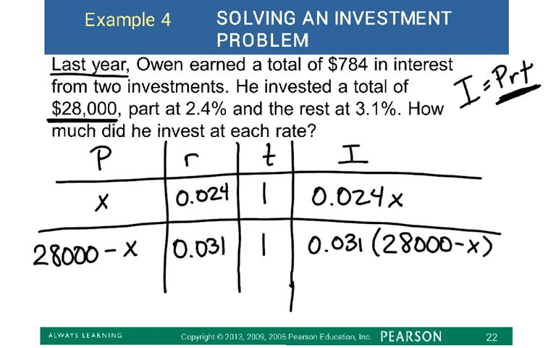It says that the total interest earned is this $784. So we do know that this total interest is going to equal the $784 when we add them together. So what we're going to do is add these two rows together, and it should equal our 784, and that is going to be our equation that we use.